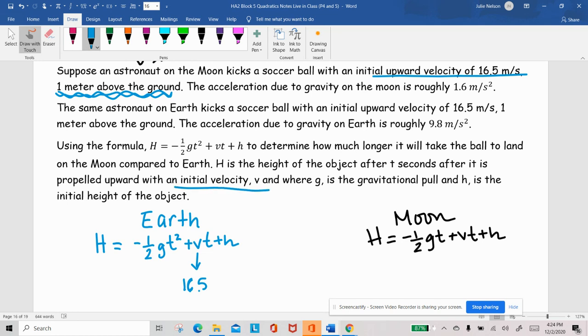Let's see. So capital H is the height of the object after t seconds, and lowercase h is the initial height of the object. Well, we're kicking this initially. It's starting to be kicked. So that's the initial height. So little h is 1.